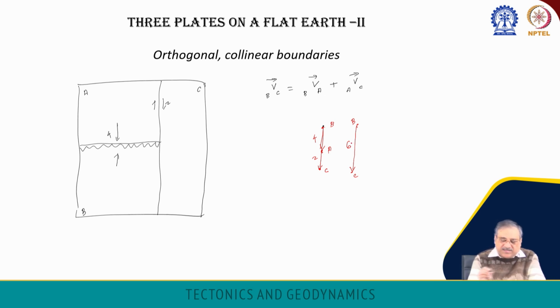Now, if this is the case, that the observer on plate B is observing C to be moving at the rate of 6 centimeters per year, then we have to place this on this particular diagram. So what do we do? The one on which the arrow head is, this vector must directly be transported to that particular side of the plate boundary.